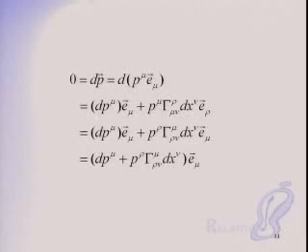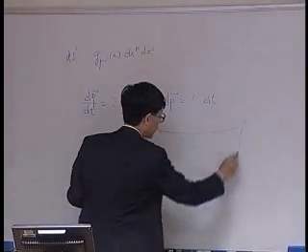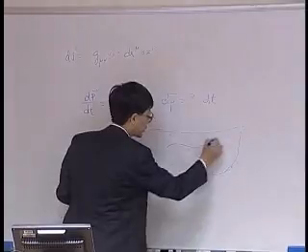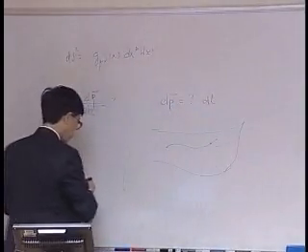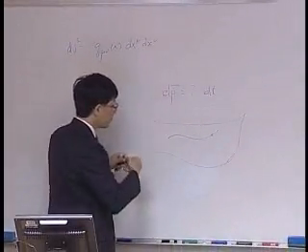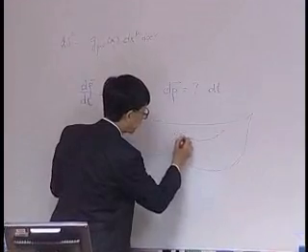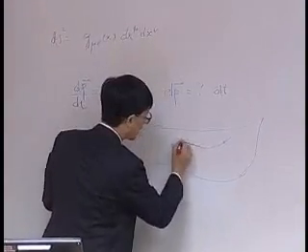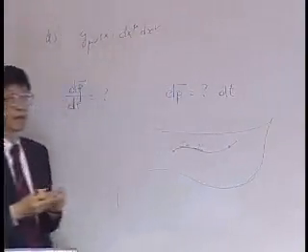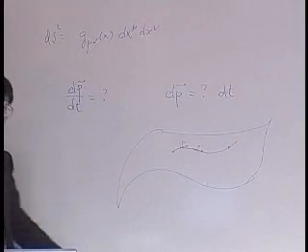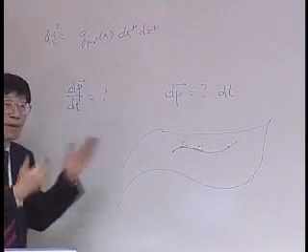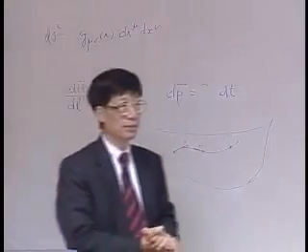If I compare 2 moments in time, so let me draw a picture. So here is some sort of manifold, and the particle moves along this path, along the manifold. So at a certain moment, the momentum is a vector, and a little bit later, momentum is this vector. Okay? So dp means p prime minus p, 2 neighboring points, infinitesimal apart.